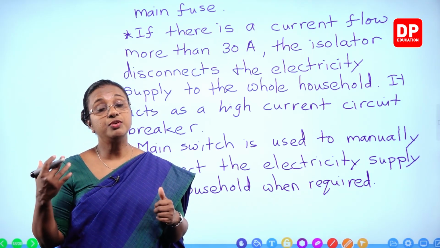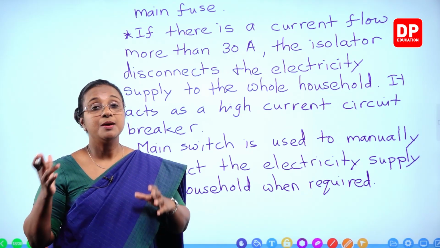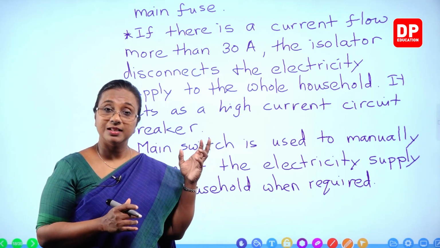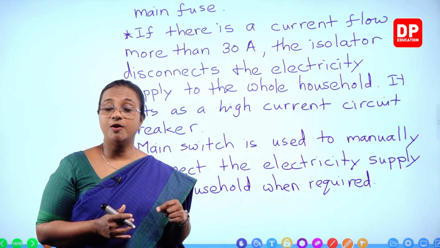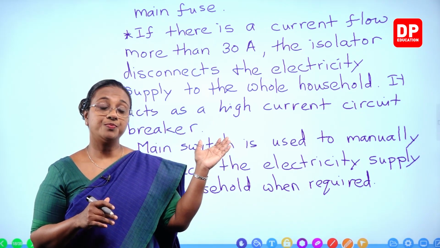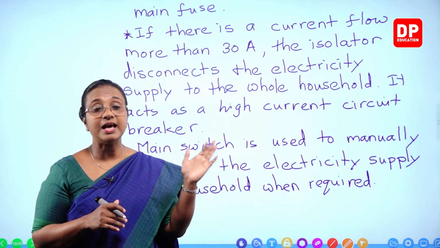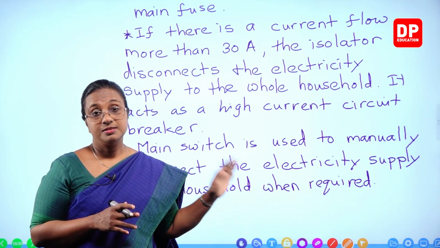You can turn off using the overload circuit breaker or even the trip switch, but the most common purpose of the main switch is again to turn on and off the electricity supply. And you all know the first two, the overload circuit breaker as well as the electricity meter, belong to the service provider.